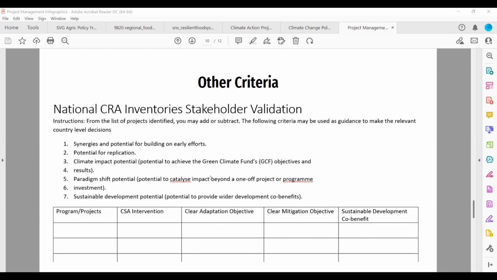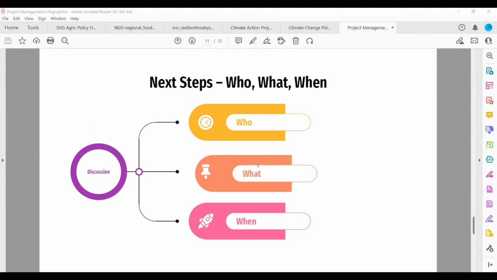In the table there, you look at the CSA intervention, the adaptation objective, what was the clear mitigation objective, and of course, is it aligned with any of the sustainable development goals that your country is tracking. And so that's pretty much it. After the 30 minutes, we'll come back with a summary of what you would have captured in this sheet, pretty much just saying, what are the next steps, who, what, and when?